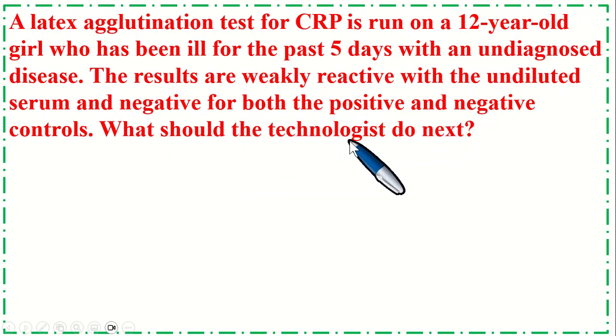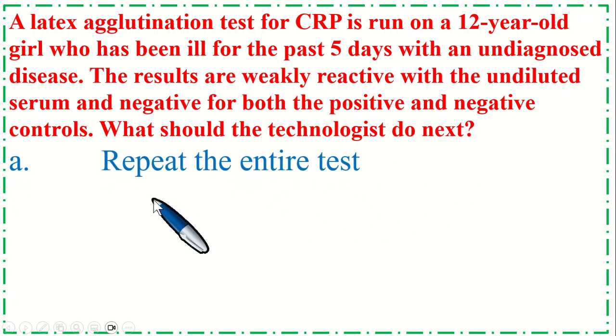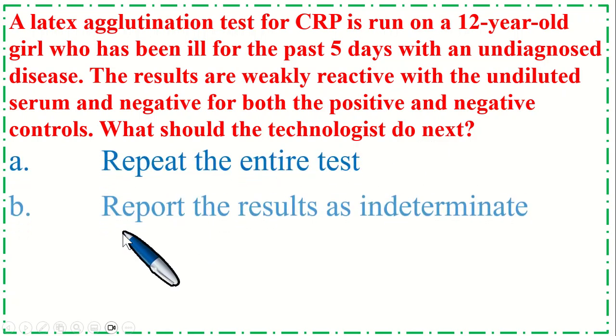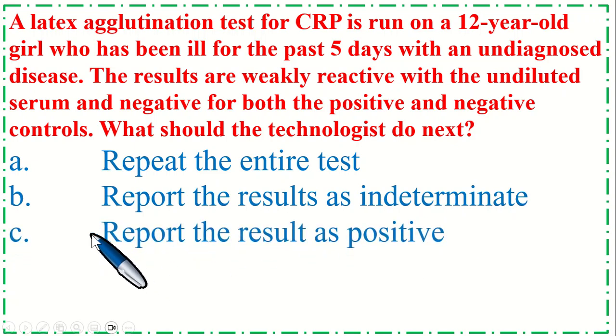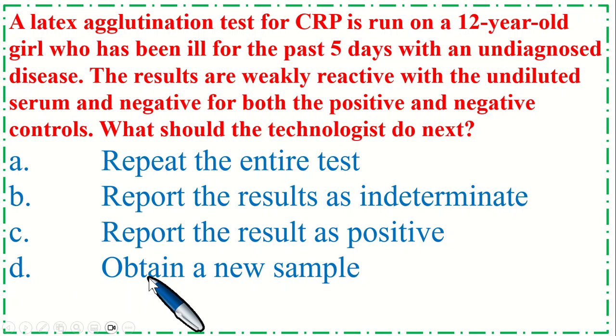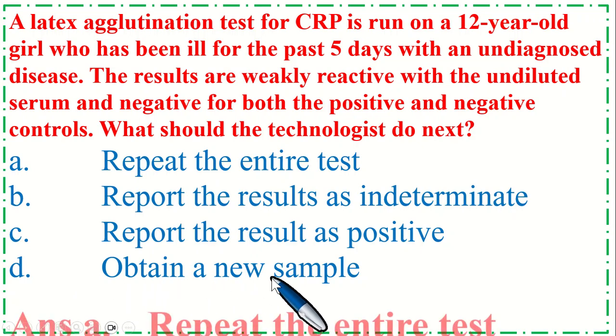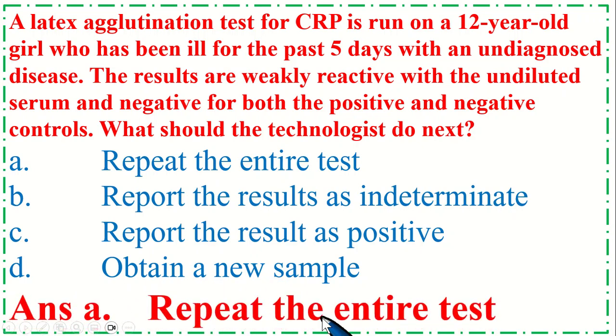What should the technologist do next? Option A. Repeat the entire test. B. Report the results as indeterminate. Option C. Report the result as positive. And option D. Obtain a new sample. So the correct option is A. Repeat the entire test.